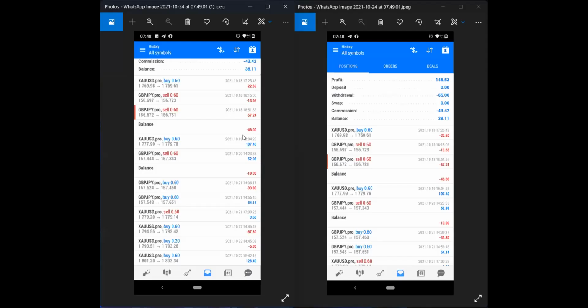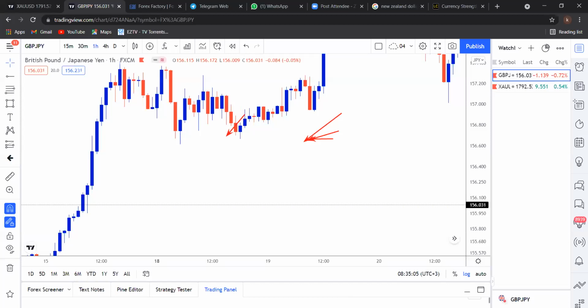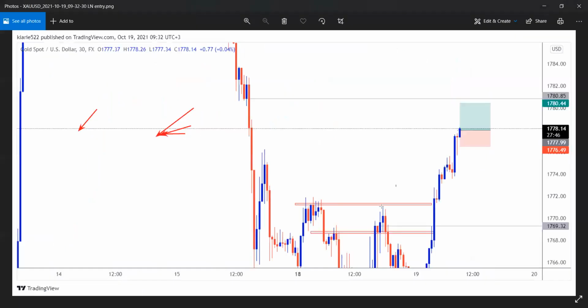Tuesday I took this was the trade I took on a Tuesday. Tuesday I took one trade. This gold sales over here was gold buys. It was gold buys. Sorry. It was gold buys. Tuangalie hapa.